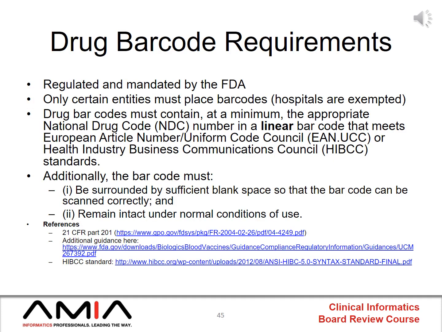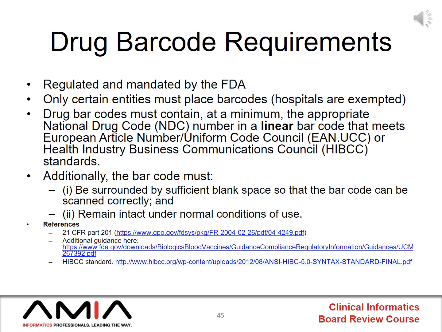In the United States, drug labeling is regulated and mandated by the Food and Drug Administration, and this includes the barcode label requirements. FDA regulations stipulate that only certain entities must place barcodes on drugs, and interestingly enough, hospitals are exempted from this requirement.